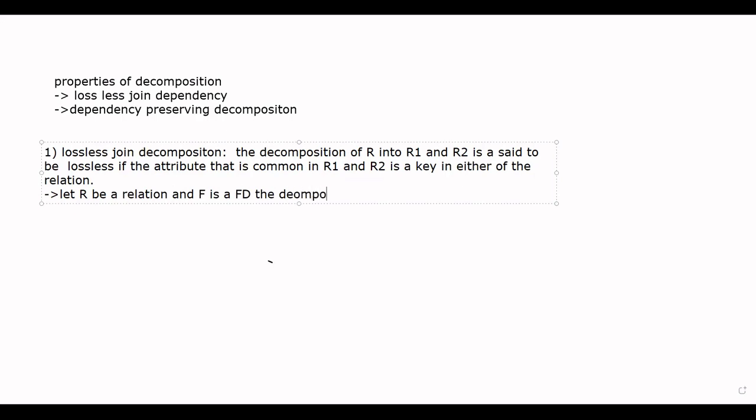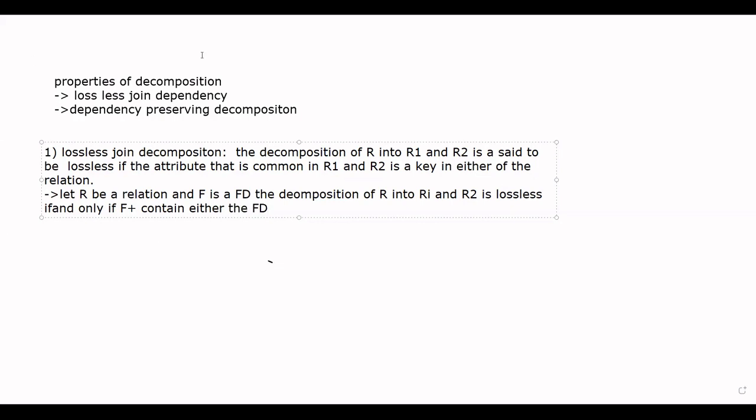The decomposition of R into R1 and R2 is lossless if and only if F closure contains either the functional dependency. Okay, so this is just a theory point of view.